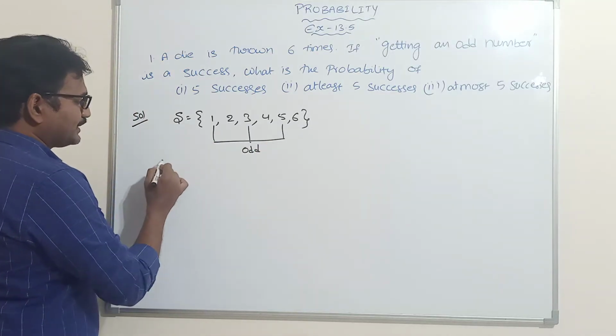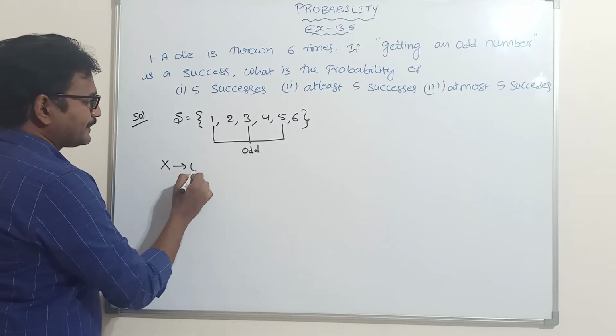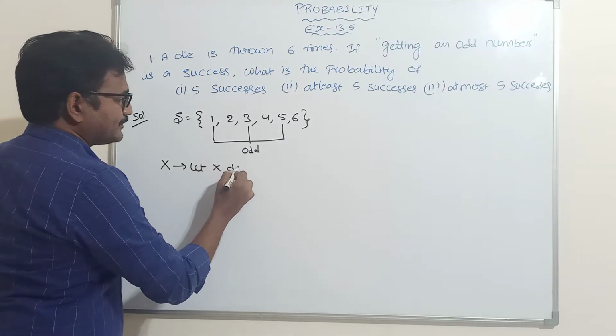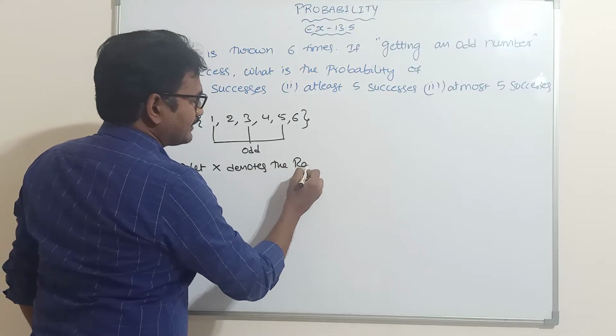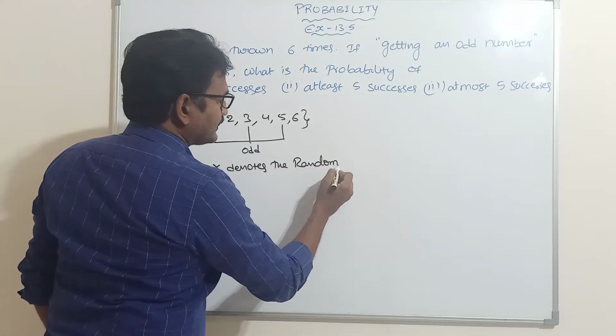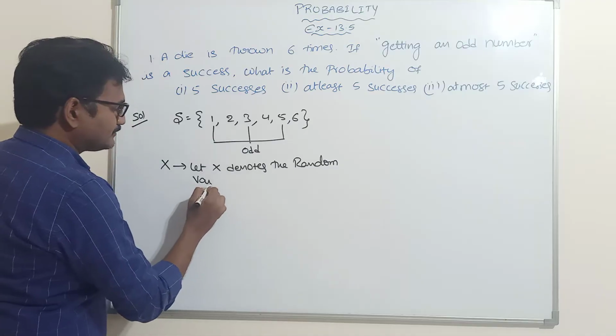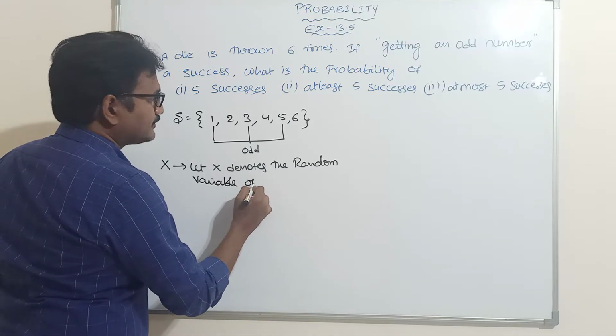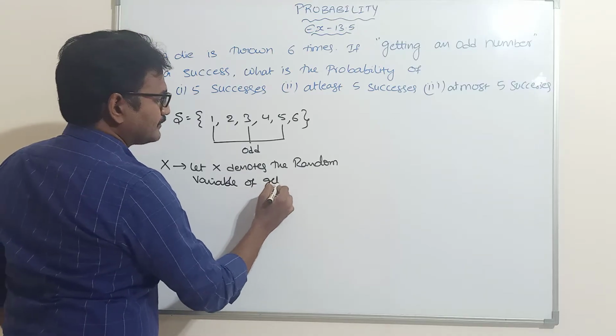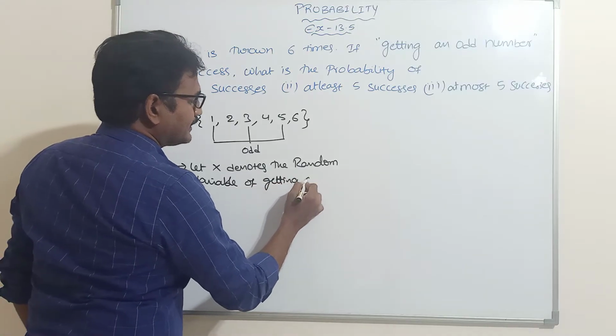Before that, I am taking a random variable. Let x denote the random variable of getting an odd number.